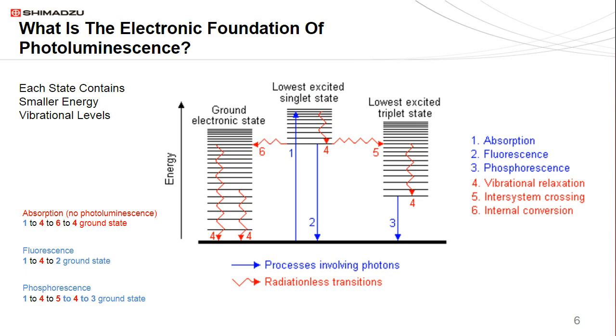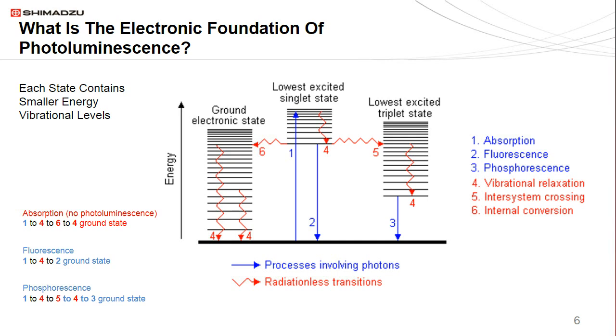Okay, everybody take a deep breath and we'll do a little bit of quantum field theory. You see here a Jablonski diagram, which is a diagram of the energy states inside the bonding of a molecule. You see we have a ground state, we have an excited singlet state for fluorescence, and we have an excited triplet state for phosphorescence.